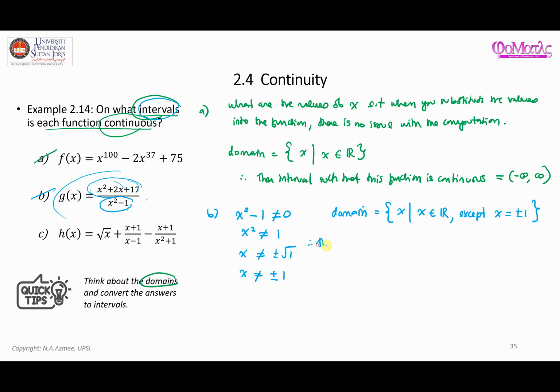Therefore, the interval such that the function is continuous is from negative infinity to negative 1, not including negative 1, union negative 1 to 1, union 1 to infinity. These are the intervals where the function given here will be continuous.